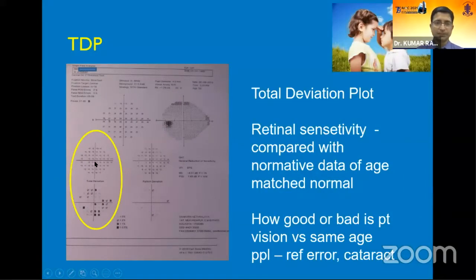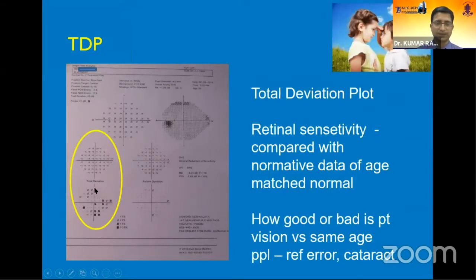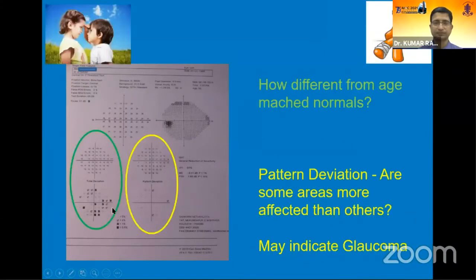Now, this is the most important thing that we get in the perimetry report. The points which the patient has generated by doing the test are compared with the age-matched normals, and we get these values. These values give us an idea if the patient is having a generalized decrease in vision, like say in case of refractive errors or cataract.